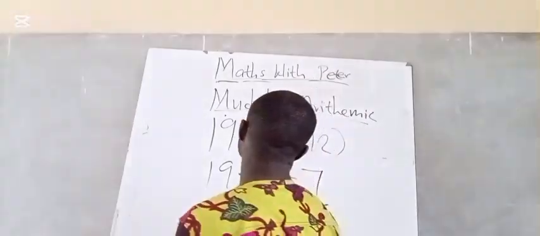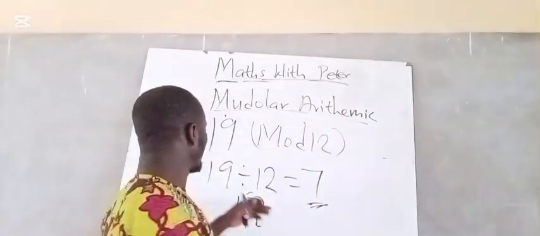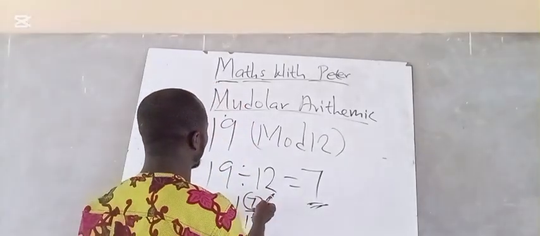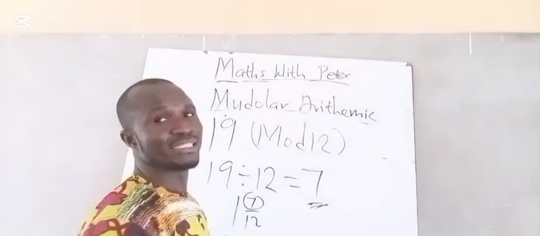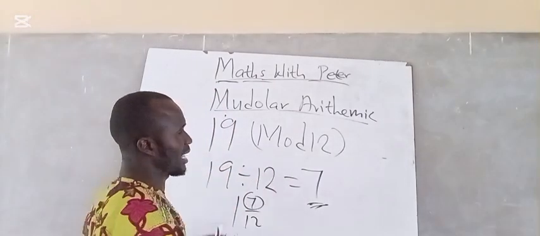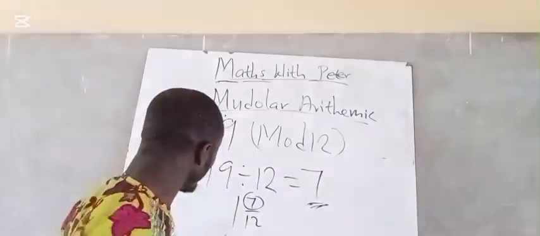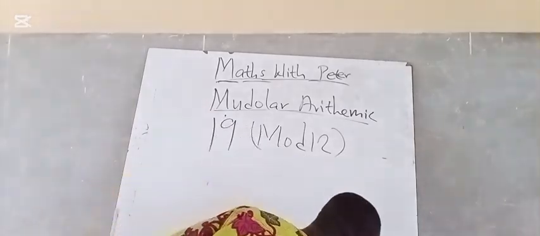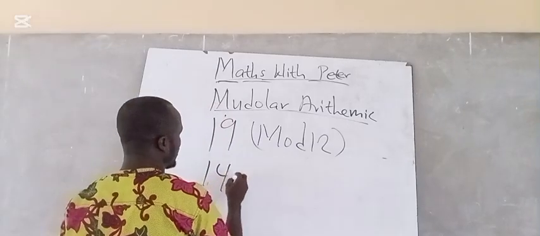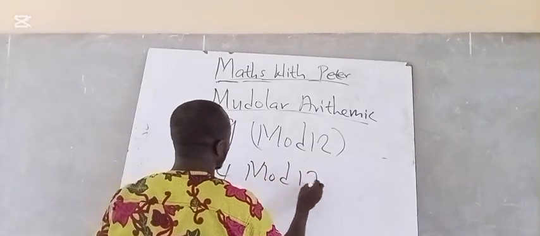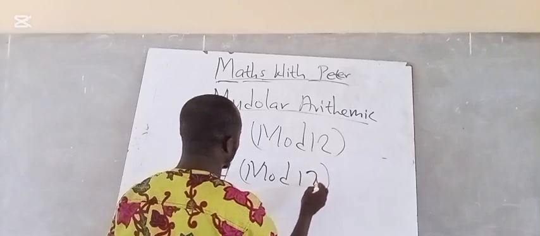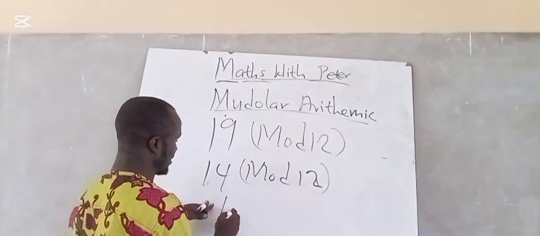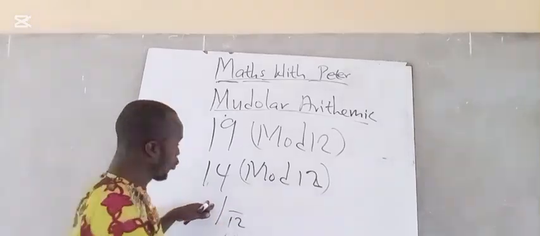So the clock works in mod 12. When it's 19 o'clock, it is equal to 7, because 12 goes into 19 once, remainder 7. That's what the clock does. Then what about 14 mod 12 on the clock? 12 goes into 14 once, and the remainder is 2.